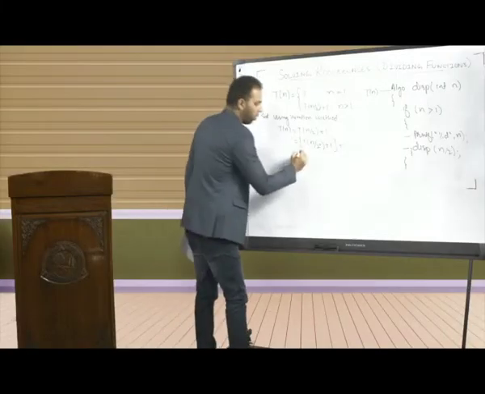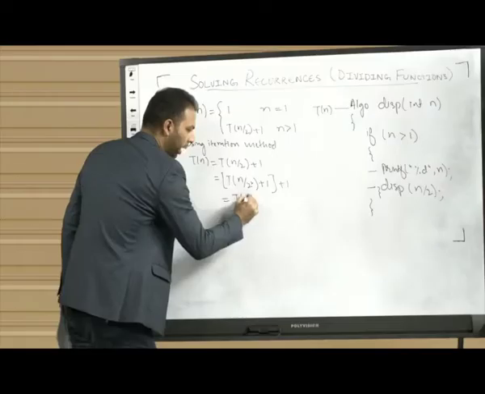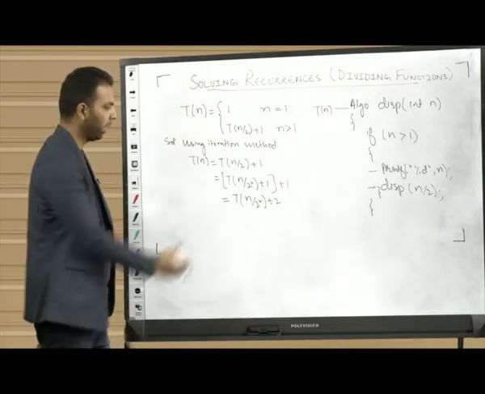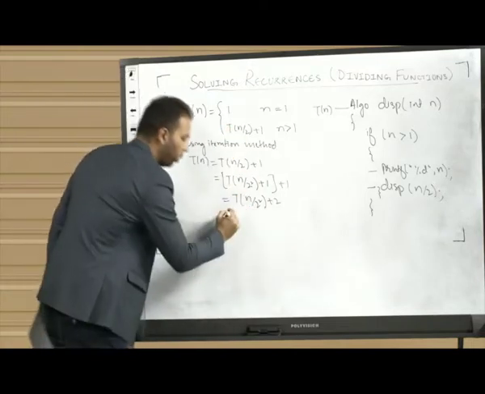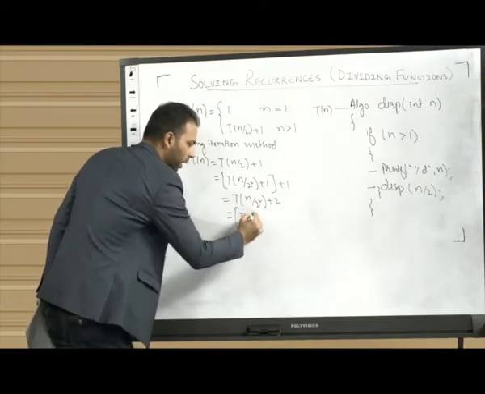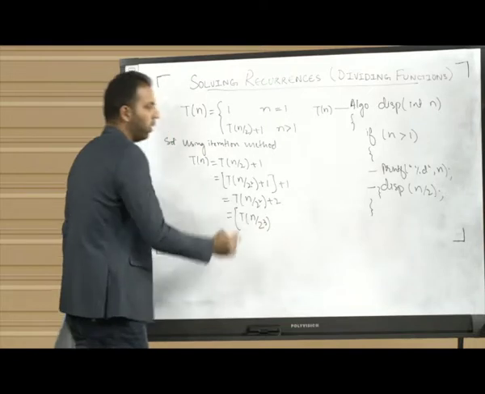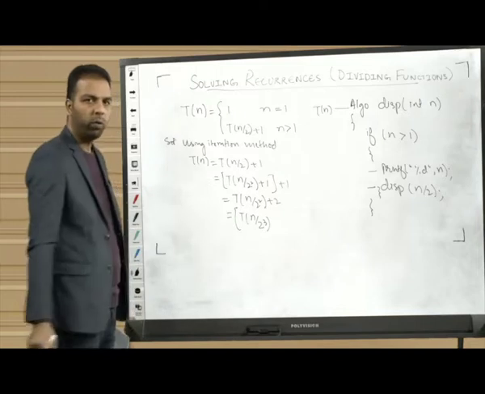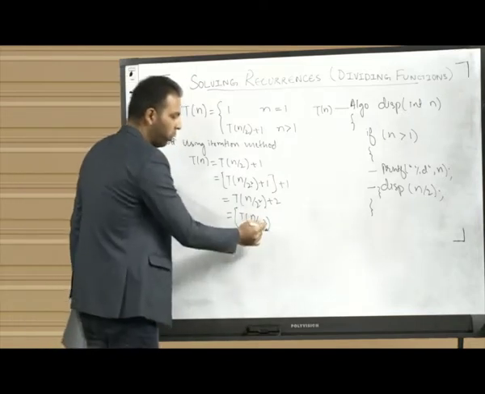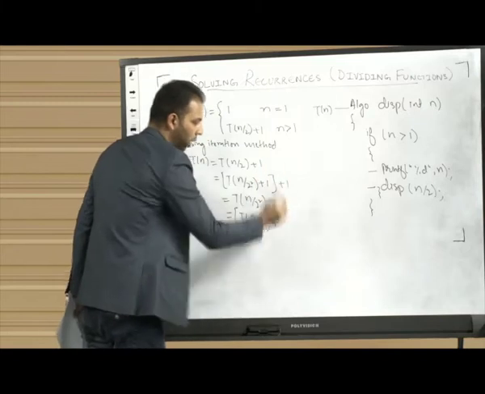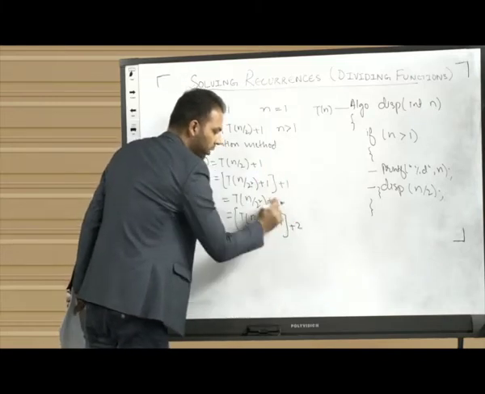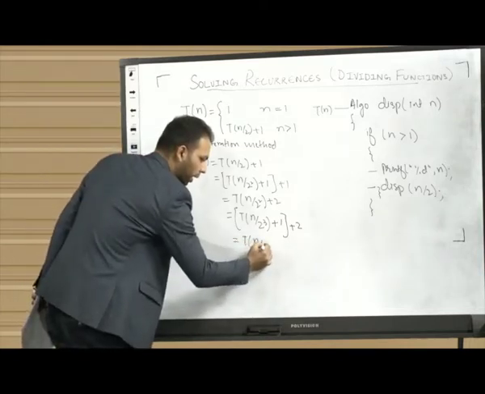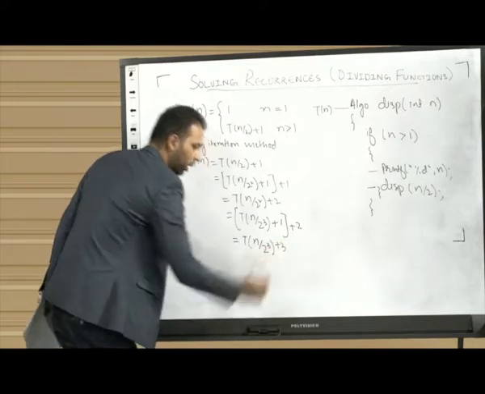So it will be equal to T(n/2 square) plus 2. Again we'll substitute this value here. It will be T(n/2 cube), because we are substituting for n, n by 2 square, so 2 square multiplied by 2 will be 2 cube, plus this 1, and outside we have this 2. So it will be equal to T(n/2 cube) plus 3.